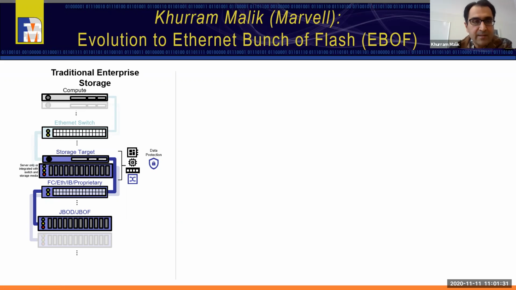When we look at it, what does the traditional storage architecture look like? On the very left side, you can see we have a compute node where our operating system resides and runs. The compute connects to the Ethernet switch, and that Ethernet switch connects to the target storage nodes.